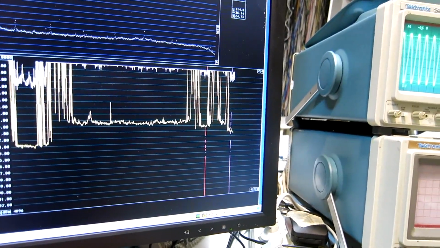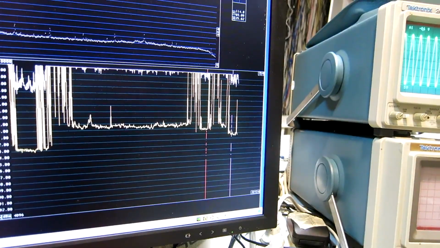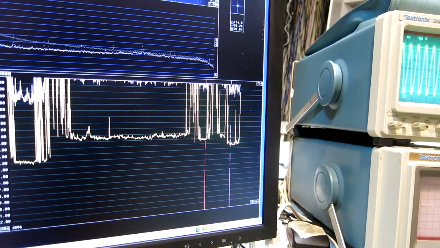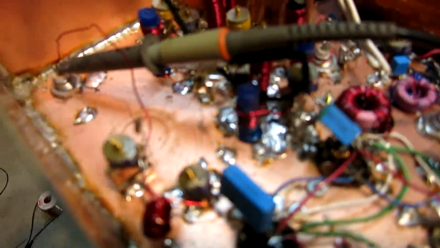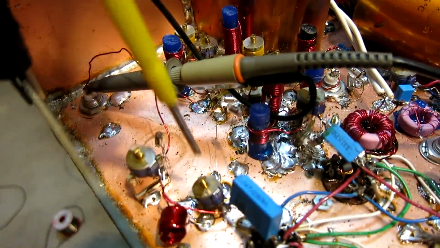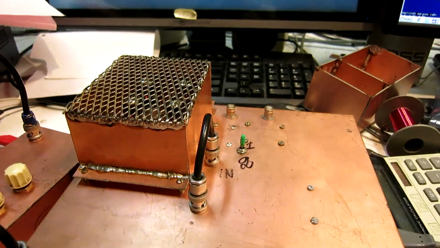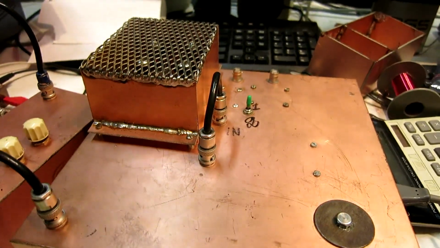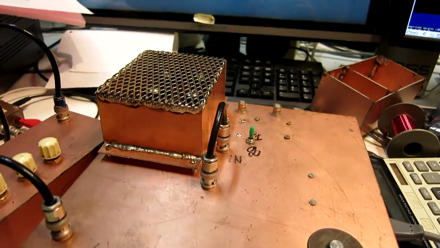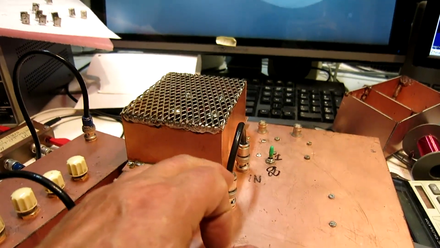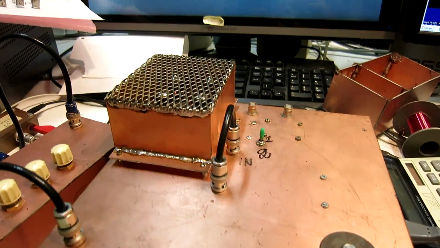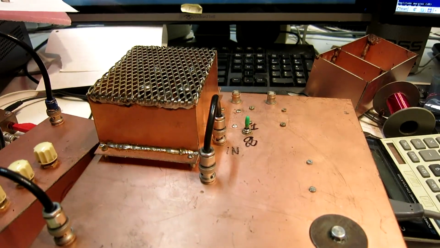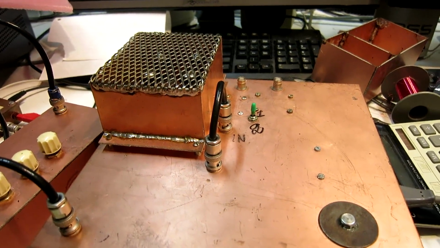But the noise does vary with some small changes of this setting. So I have to replace this trimmer. I have changed the limiter in the output part that goes to the feedback to provide 1 watt output power, a little less than before.